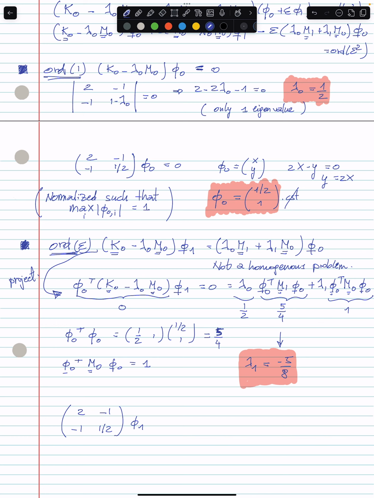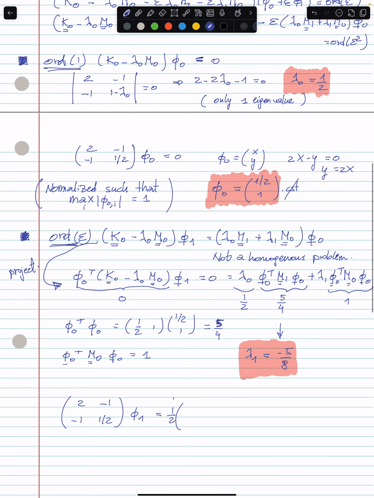And this should be equal to lambda 0 m1, so 1/2. I'm going to write it in full, because m1 and m0 start being quite far away. This is identity matrix, minus 5/8 times m0, 0, 0, 0, 1. All right, so probably we could put everything in 8, like this.